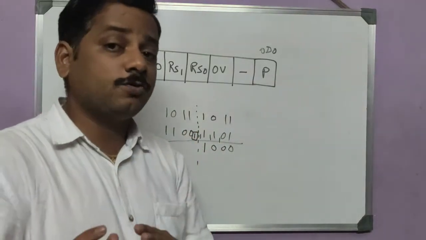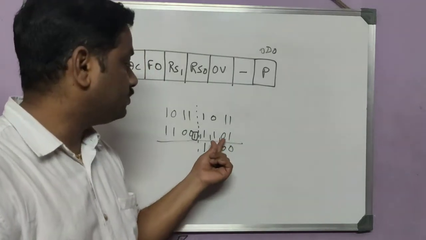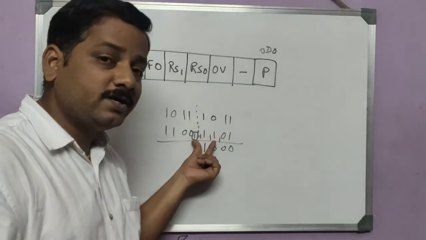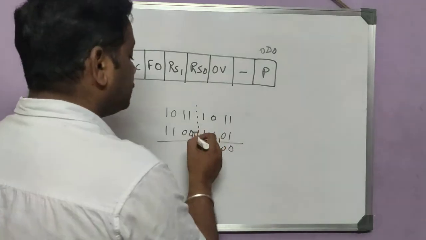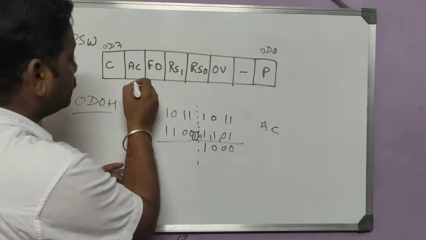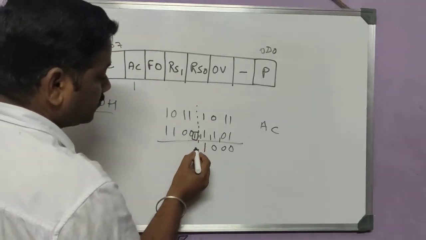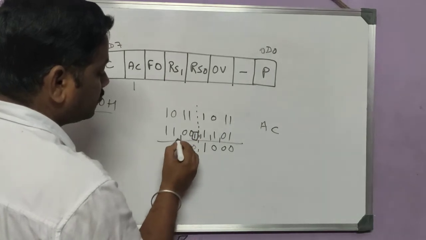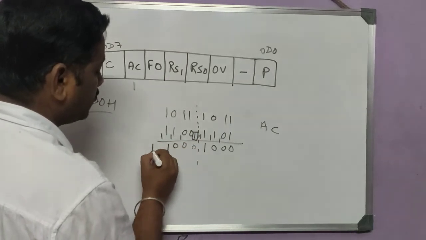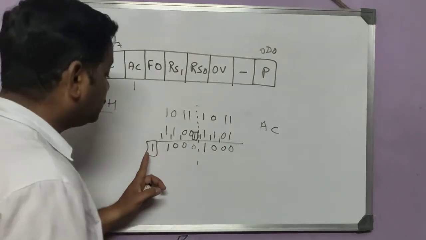The carry which is obtained after the nibble, in the sense after the 4th bit, 1 2 3 4. After this 4th bit, if we get any carry, that is termed an auxiliary carry. So this flag is going to become high if we get this. And now 1 plus 1, again 0 and 1, again we get 0 1 0 1 1 1. See, after the last MSB, if we get anything here, then this is the carry.